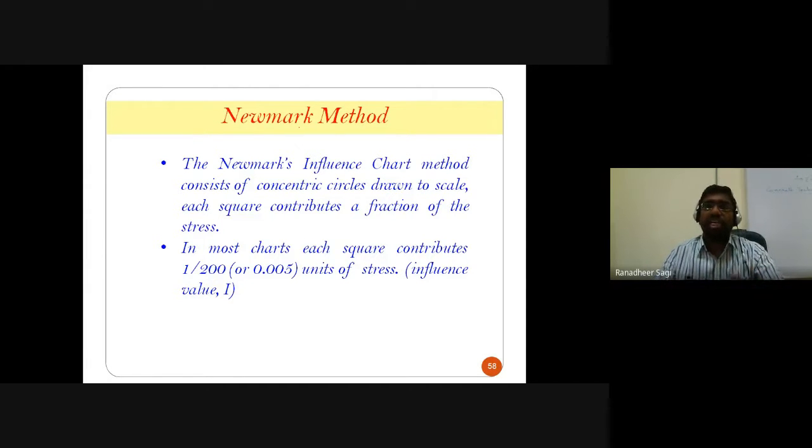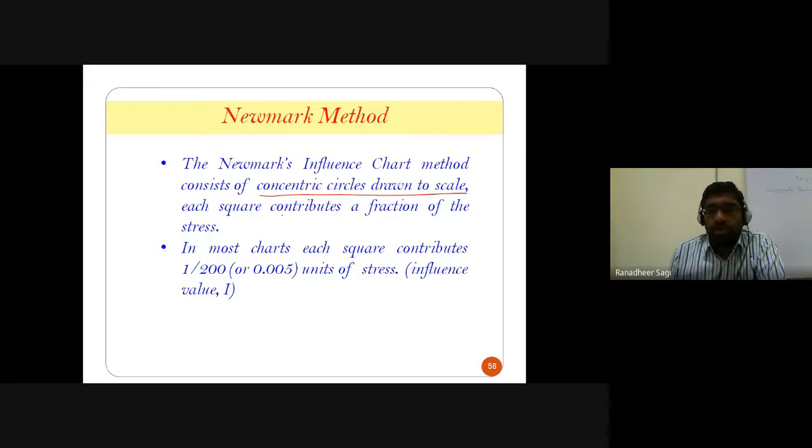So what we have here is a standard chart given by Newmark. What does that standard chart contain? It contains concentric circles which are drawn to a particular scale, where those concentric circles are divided into n number of elemental areas.